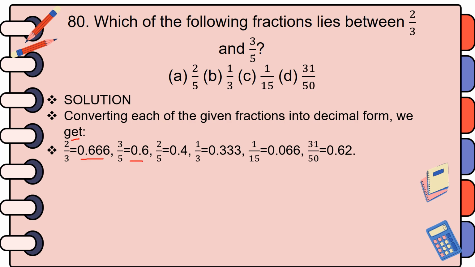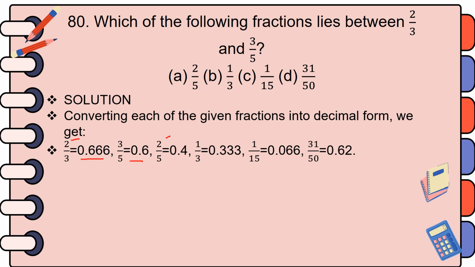So you have to find the fraction that is in between these two among the choices A, B, C, and D. To compare these fractions, again, you have to convert them into their decimal form. Now let's convert each choice into its decimal form.